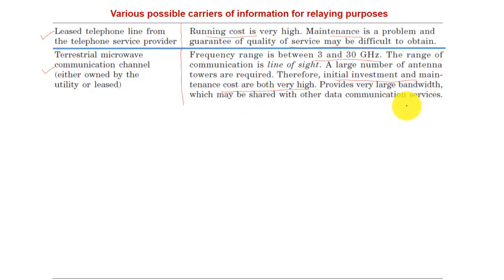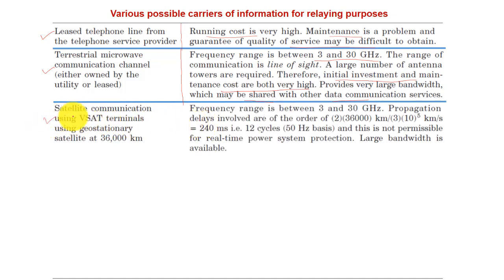From a cost point of view, it is very difficult to consider. Though it provides a very large bandwidth, which may be shared with other data communication services, that is its advantage.